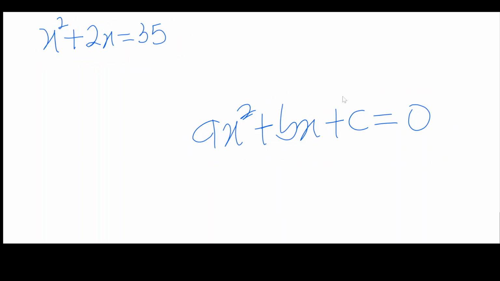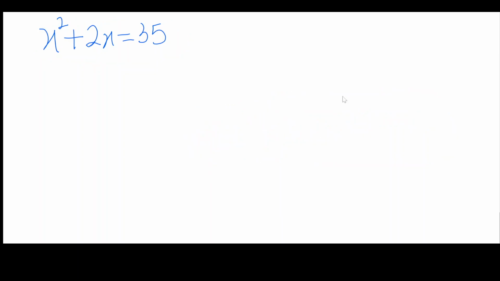So let's quickly get that done. We have x squared plus 2x minus 35 equals 0. So this is how we rearrange what we have been given.